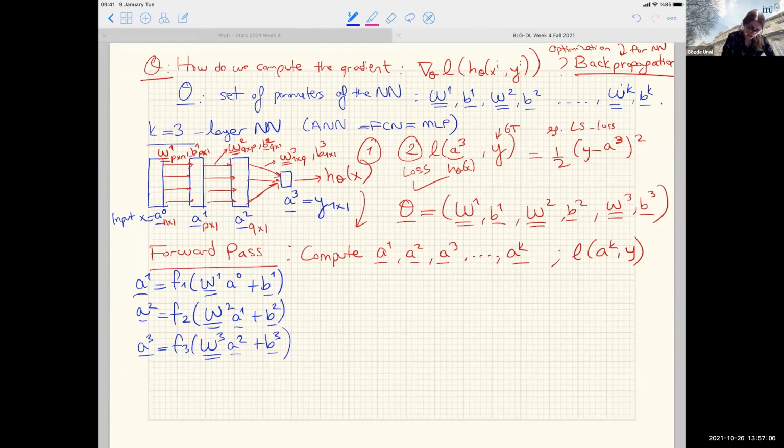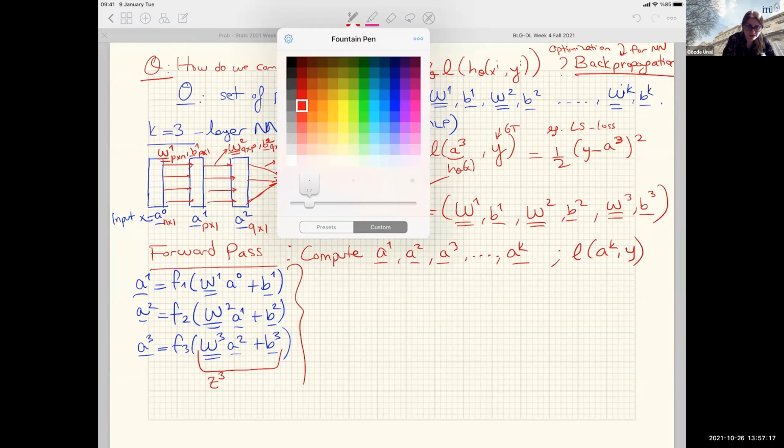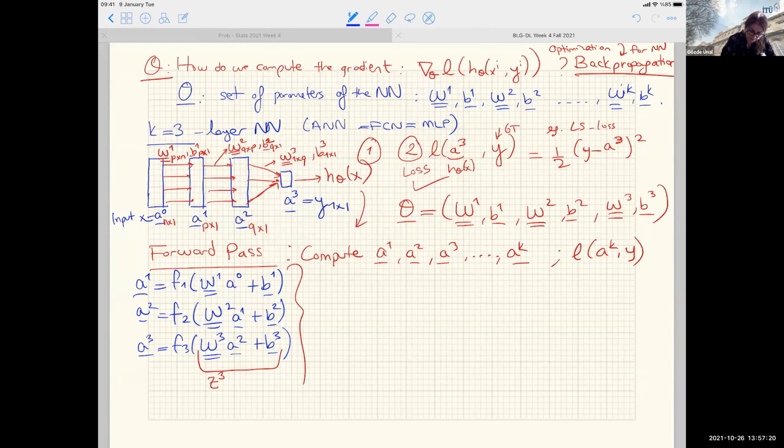This is what happens. By the way, we call this the affine layer output. For instance, this is my Z3. So maybe let's write this for a generic layer. Actually, Ai is Fi, this nonlinear activation. I will generalize it by looking at what I just wrote for the 3-layer network. It uses the weights of that layer, Wi, times the previous activation, plus the bias vector, the parameters of that layer.